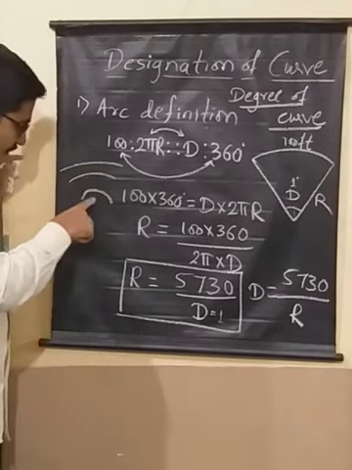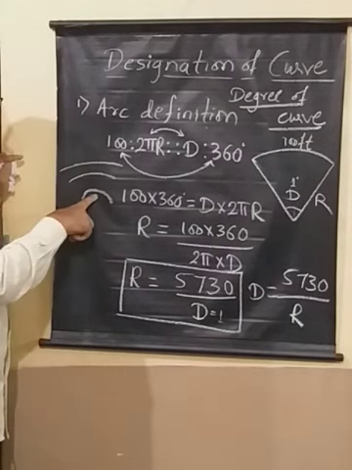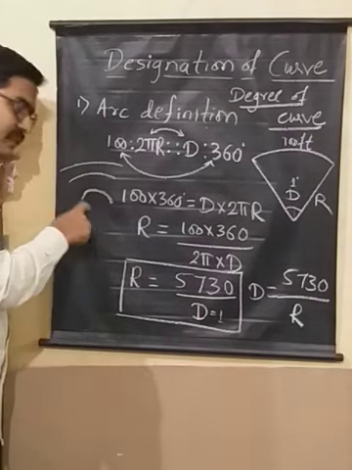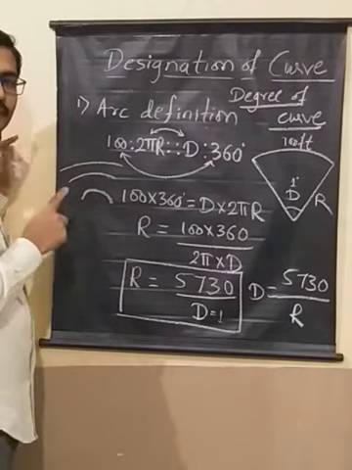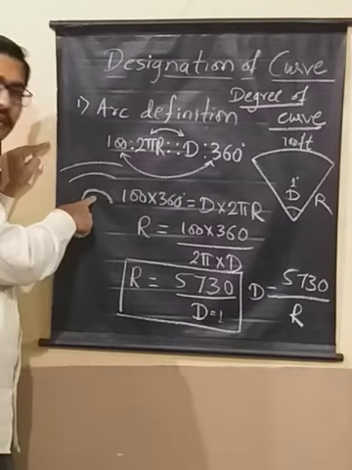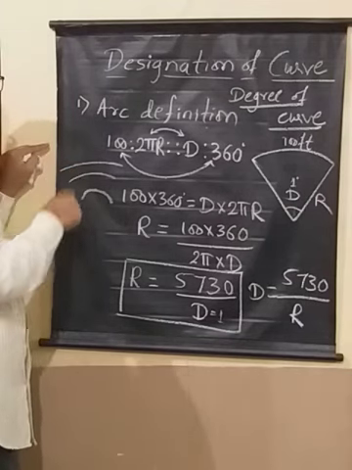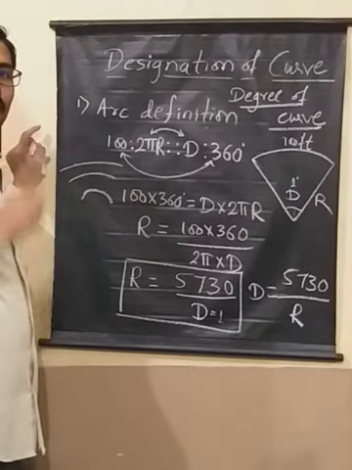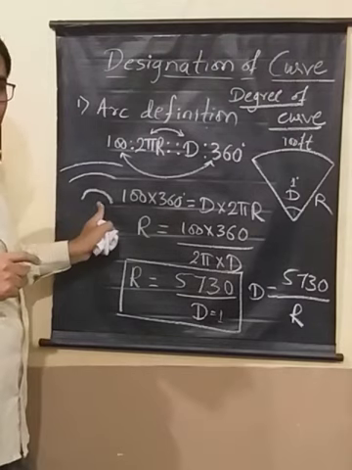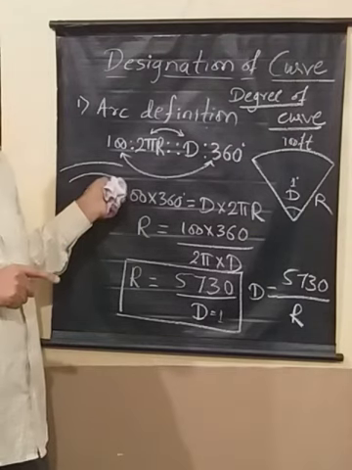The smaller radius has a larger degree of curve. So the less the degree of the curve, the more the radius, and the more the degree of the curve, the less the radius.